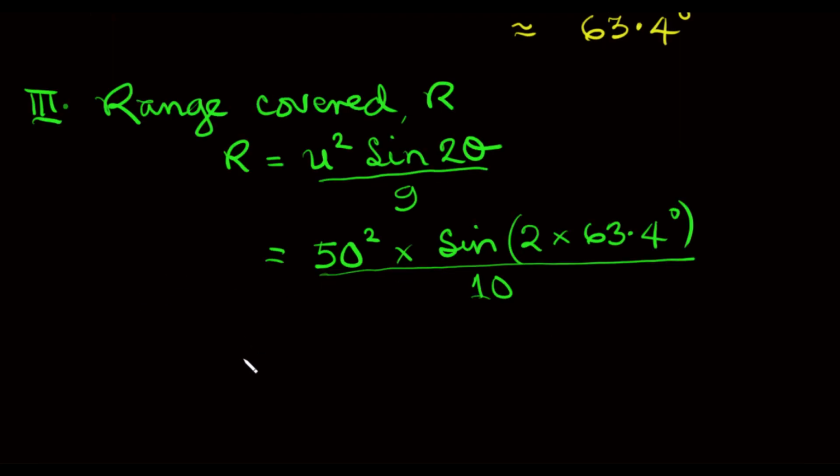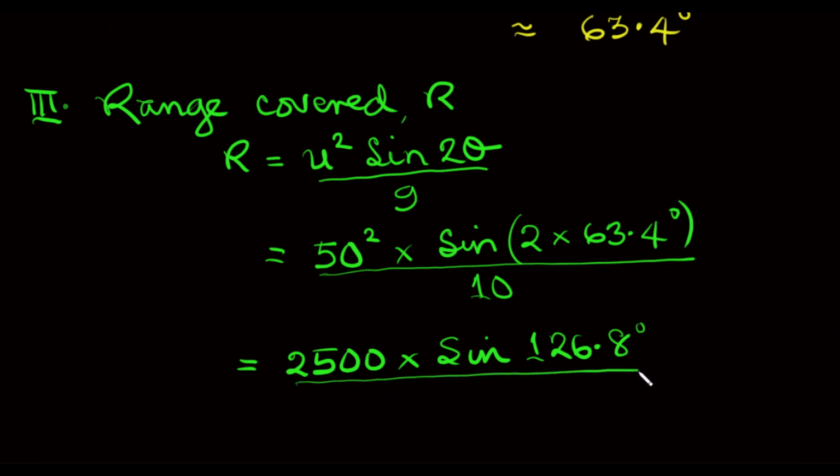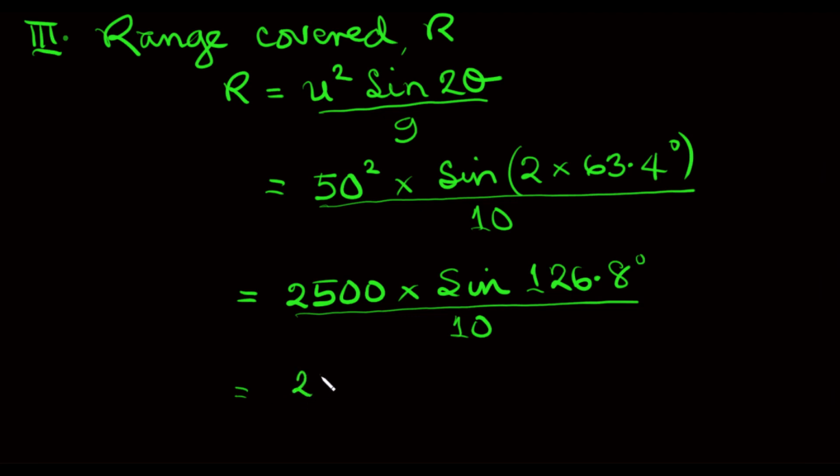Evaluate this. This will give us 2,500 times sine 126.8 degrees all over 10. Sine 126.8 degrees is 0.8007.